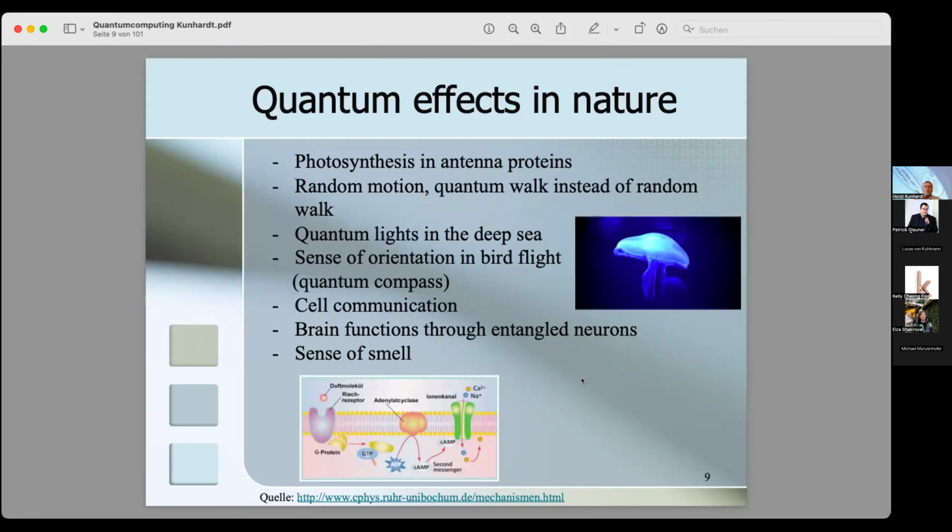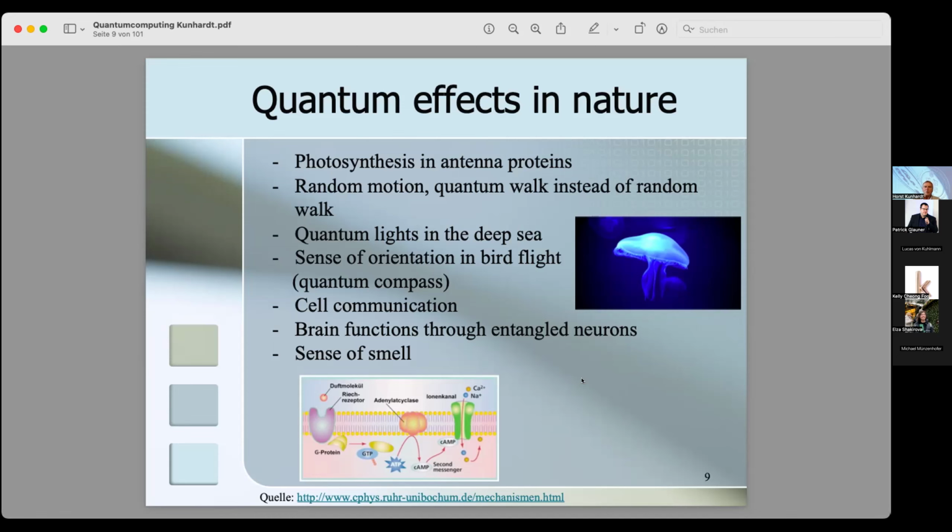In the beginning of my part, I said we are surrounded by quantum effects in nature. If you imagine photosynthesis is done by so-called antenna proteins in nature, or quantum lights in the deep sea. Maybe you saw some pictures, or the sense of orientation in bird flight.